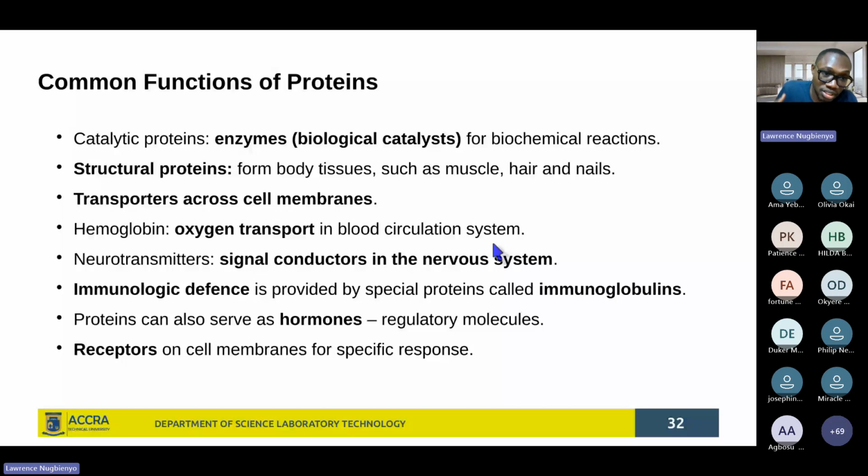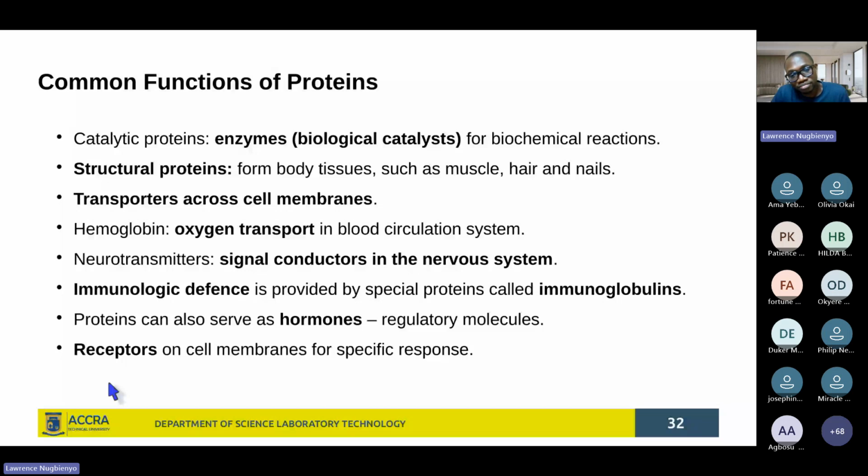Proteins can serve as transporters in the body. So, for instance, you have some cell membrane proteins. So you have some transmembrane proteins that are involved in the transport of substances across the cell membrane, either from the extracellular space into the cytoplasm or from the cytoplasm to the extracellular space. So transport proteins.